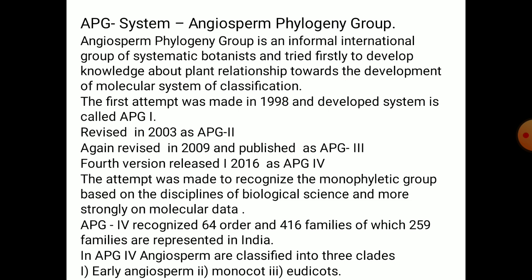The early angiosperms give the idea of the primitive angiosperms. Monocot members have a single cotyledon, and the eudicot is basically a dicot, first referred to as the dicot, with two cotyledons in the seed and reticulate-venated leaves. So this was the idea regarding the APG system.